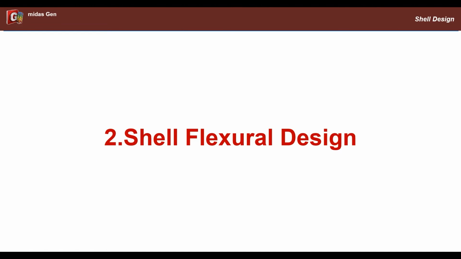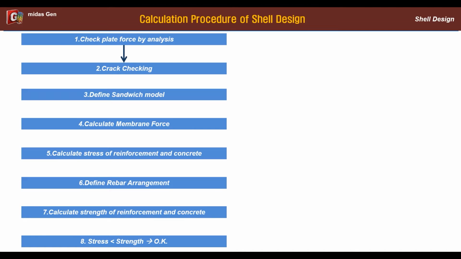Let's look at the shell flexural design first. This chart is the procedure of the shell flexural design. Design is carried out by distinguishing whether cracked and non-cracked sections occur due to design member forces. The crack judgment formula is as follows: phi value.